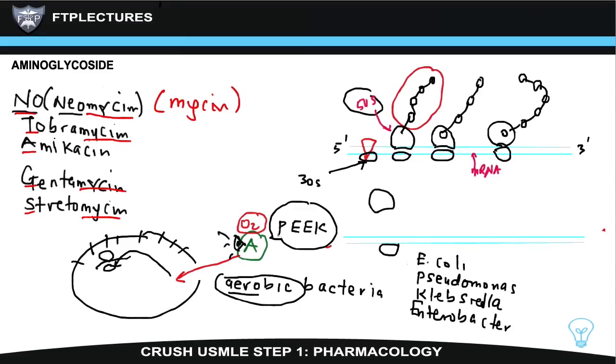So PEEK stands for Pseudomonas, E. coli, Enterobacter, Klebsiella. Wow, that is how you make pharmacology simple. Also, sometimes we might add another drug to an aminoglycoside to cause a synergistic effect, to do more damage to the cell and cause a suicide bombing.